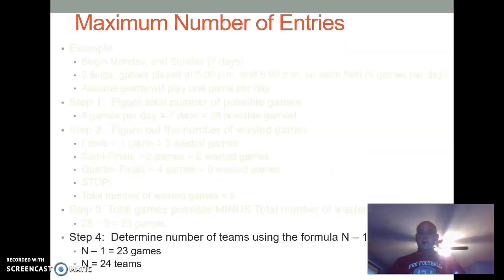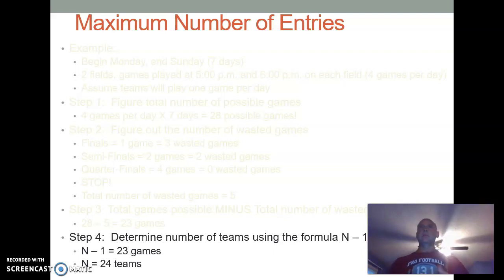Now to determine the number of teams that we can let in, it's just a mathematical equation. N minus 1 equals the total number of games, N being the total number of teams. We know that we have N minus 1 equals 23. So in this case, what's going to be minus 1 to equal 23? It's 24.